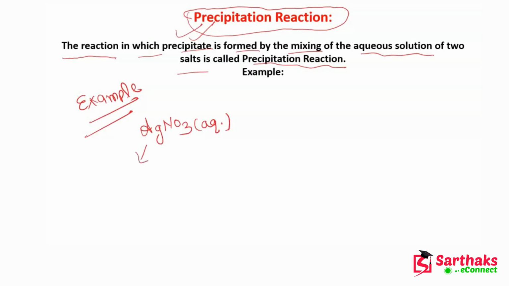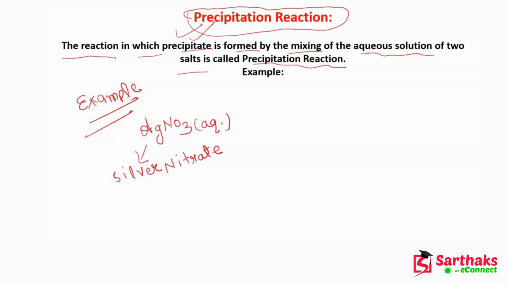You might be confused, sir, what is this AgNO3? Basically this Ag is silver, and this NO3 is nitrate. When I was telling you decomposition reaction, we studied lead nitrate there. So this is silver nitrate.